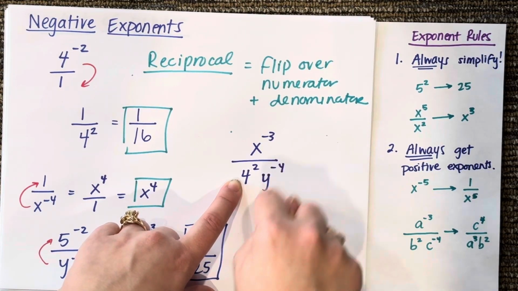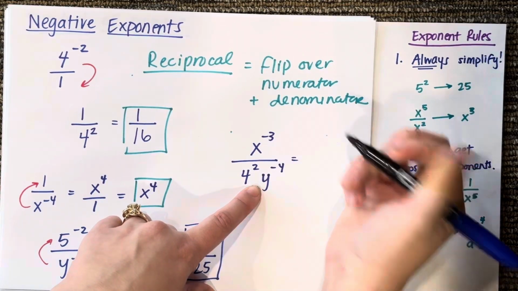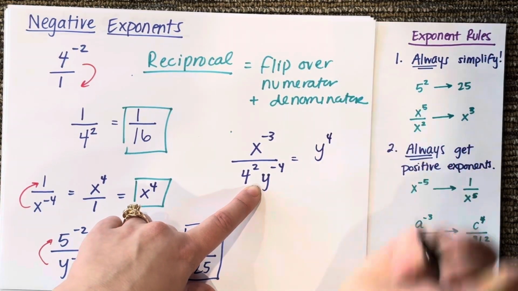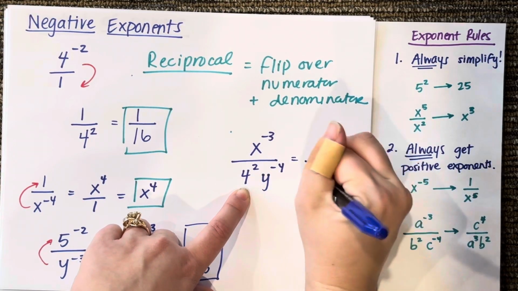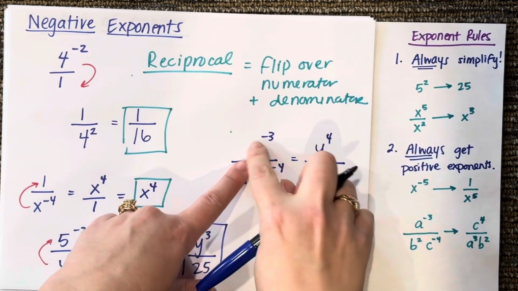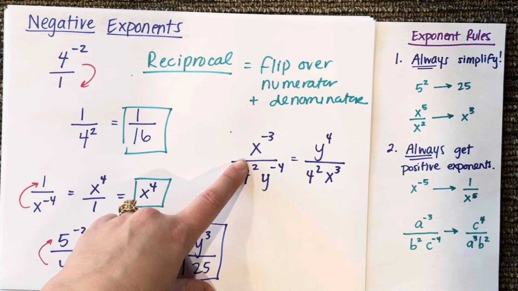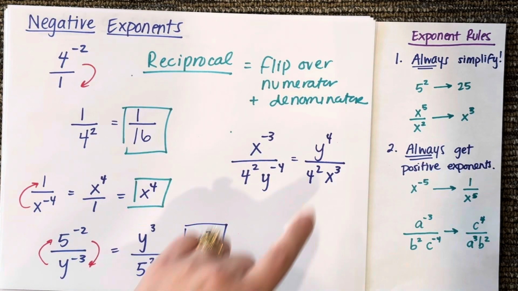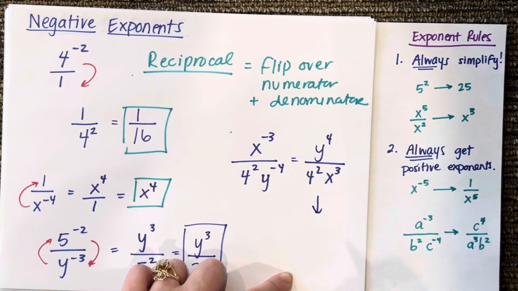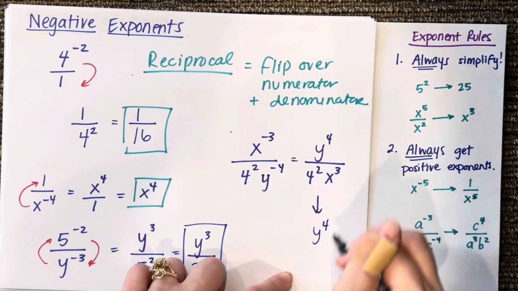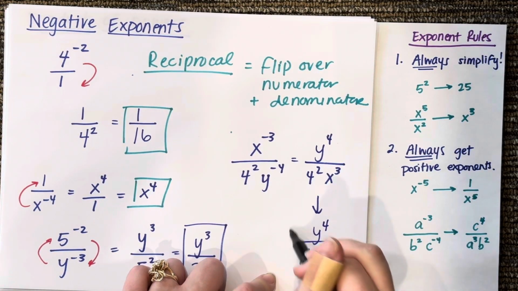And I need to get reciprocals of those two things. So my y is going to come up top. I'm going to have y to the +4 divided by 4 squared, which stays down on the denominator. My x is going to come down, so that'll be x +3, or positive cubed. And I'm not quite simplified. 4 squared is 16. So this should be y to the 4th divided by 16 x cubed.